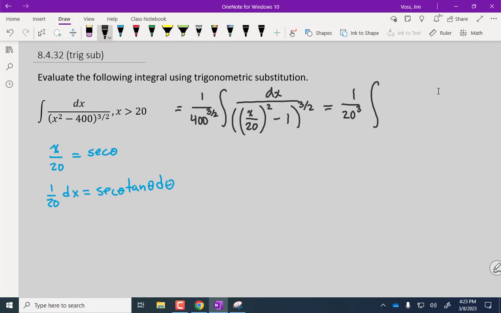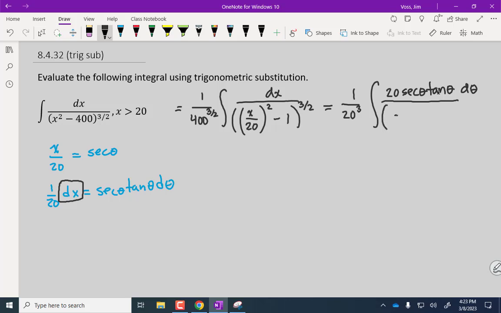We come down here and we see our dx. There's dx. That's going to be 20 secant theta tangent theta d theta. And then right here we have secant squared minus 1.